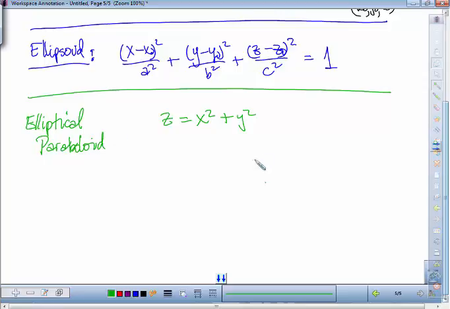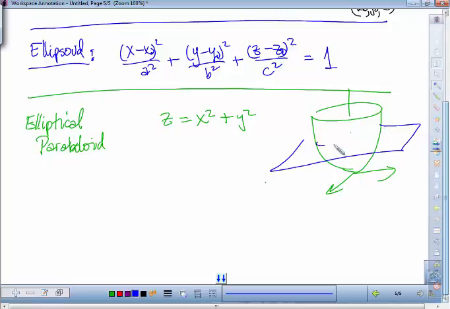And the interesting thing about these paraboloids is that the reason it's called elliptical paraboloid is because if you make a horizontal cut along the surface, what you're going to get is an ellipse or circle.